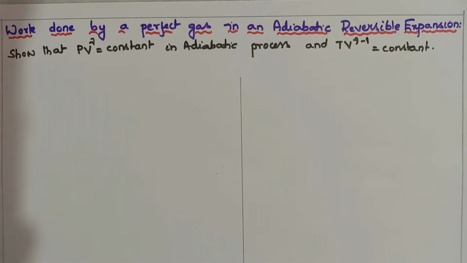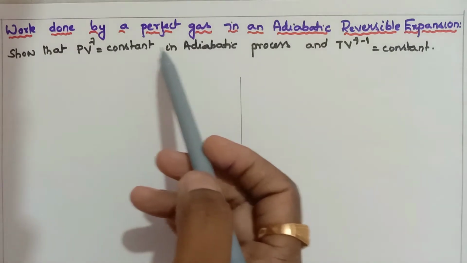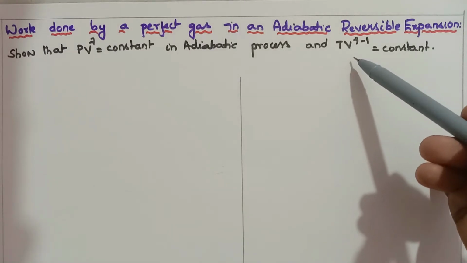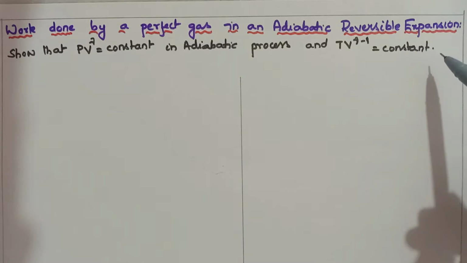Fine. And also students, one more thing to keep in your minds. This question can be asked in another way, like, show that PV power gamma is equal to constant in adiabatic process, and also TV to the power gamma minus 1 is equal to constant.